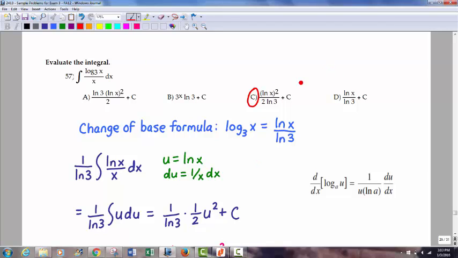Even if it's not on the formula sheet, I could put, hint, change of base formula, and I could write it there. But I did it this way because you see the answers don't have log base 3 of x in there. They're in terms of ln of x. So I use this conversion right here. So log base 3 of x would be ln of x divided by ln of 3.